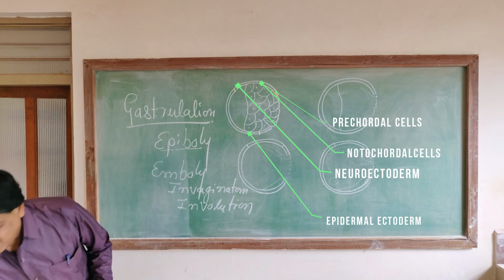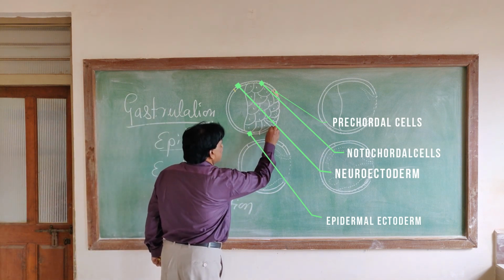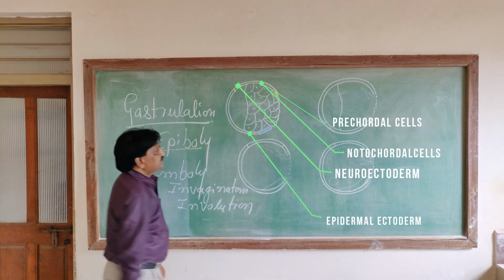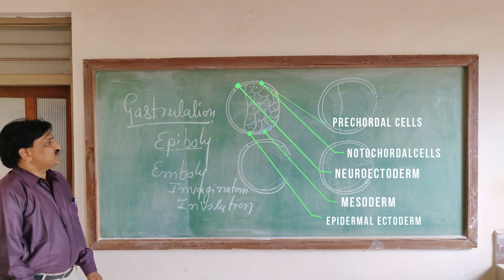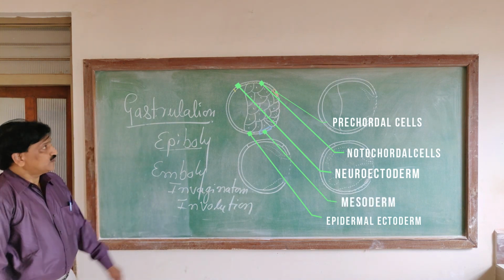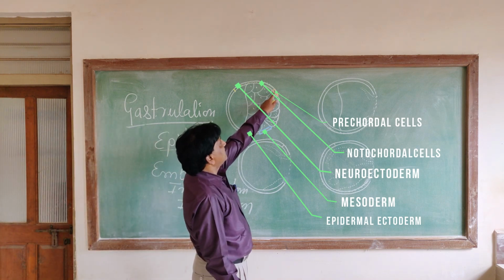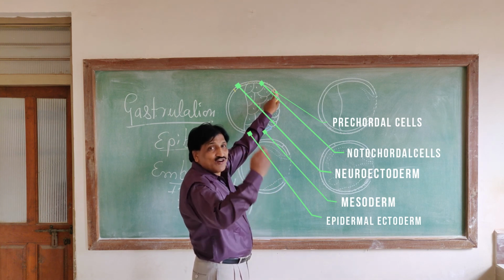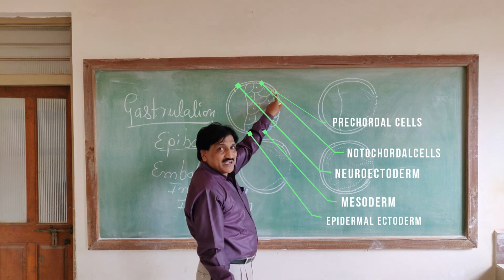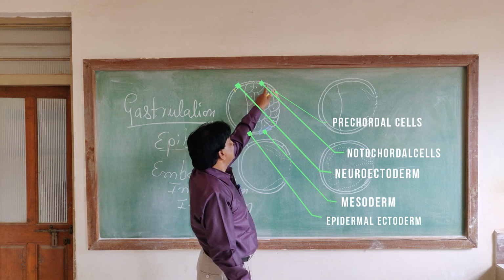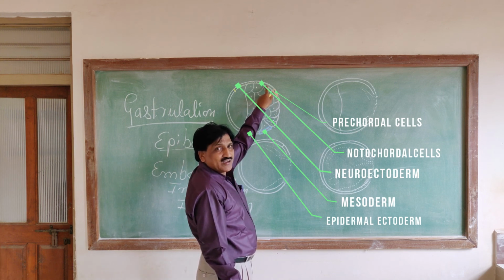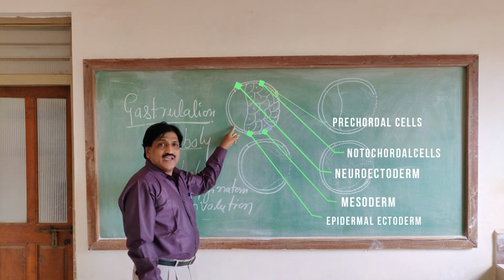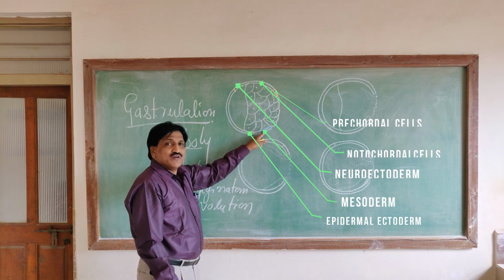There is one more area, and this is called the mesoderm. The precaudal plate is shown in a vertical section of the embryo. Please label it. This one is followed by the notocaudal area, followed by neuroectoderm, followed by epidermal ectoderm, and this one is the mesoderm.